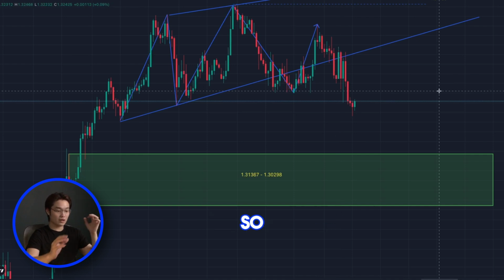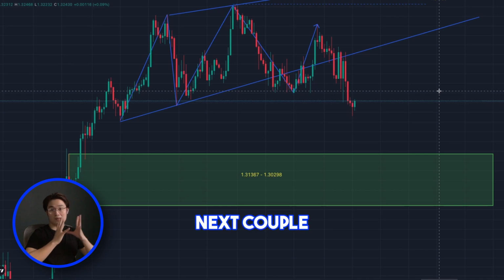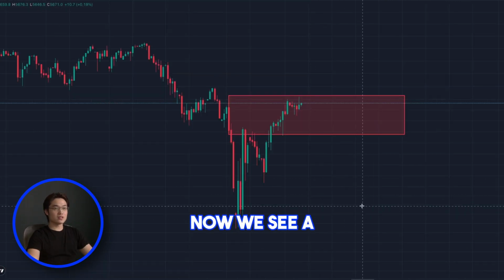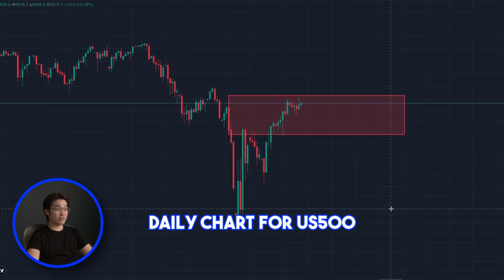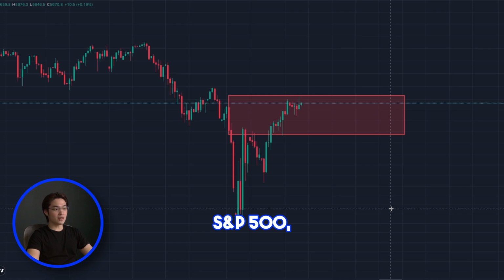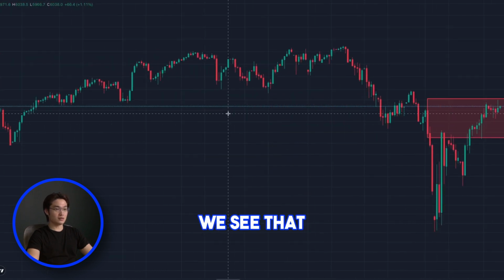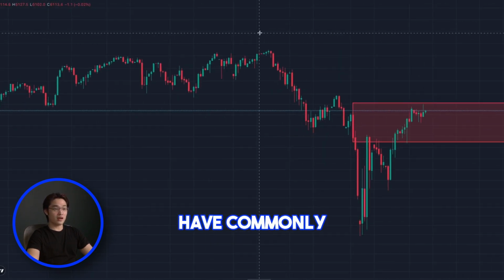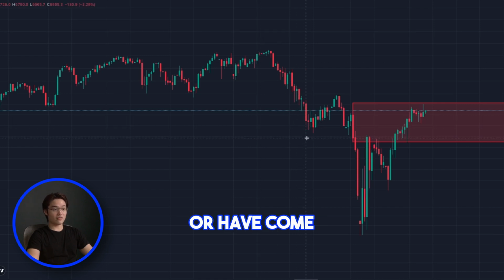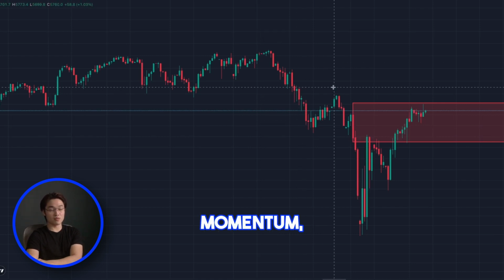So let's do the next couple of days' views. Let's do indices, commodity, and I'll choose some forex pairs. Okay, now we see a daily chart for US 500 or S&P 500. For S&P 500, we see that the market has come to bearish momentum.